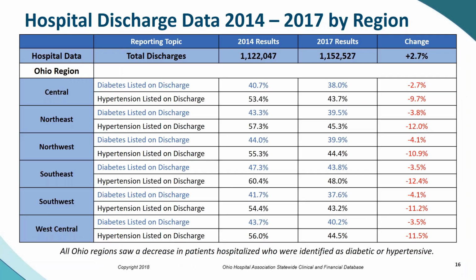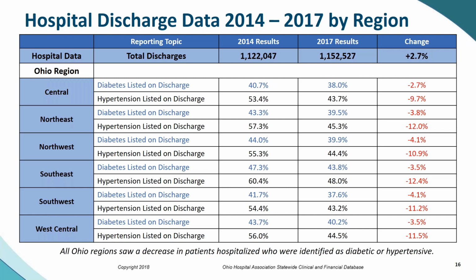Specifically, here are the regions. I won't go through them all individually, but just note on the right-hand side the amount of change, or the decline in patients by each region with these chronic conditions in their problem list. And you can see that we had some really, really significant declines.